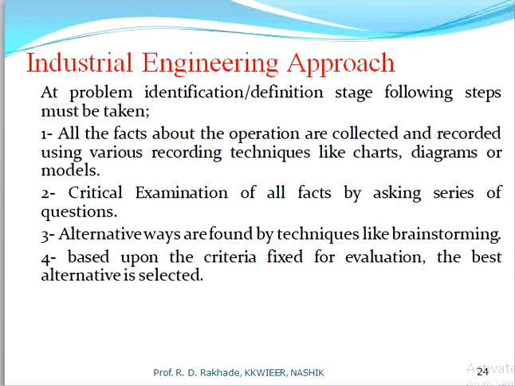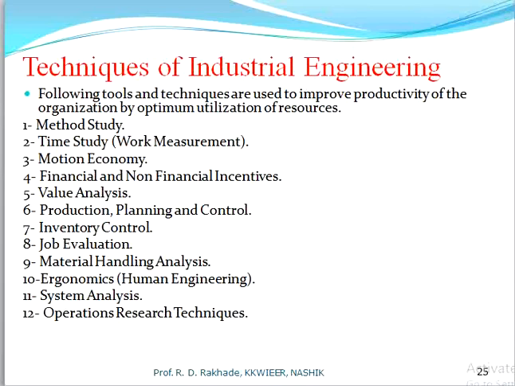Second, critical examination of all facts by asking a series of questions. Third, alternative ways are found by techniques like brainstorming based upon the critical examination. For evaluation, the best alternative is selected. Lastly, there are various techniques used in industrial engineering to improve productivity.